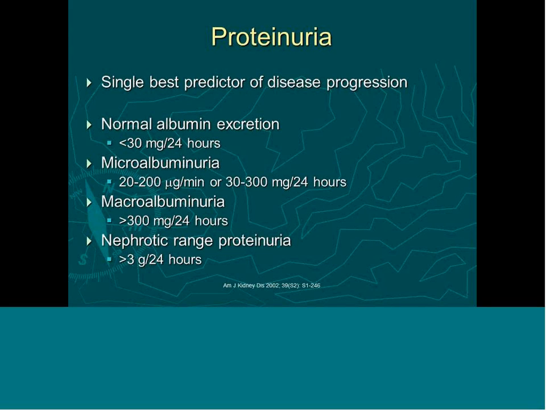Proteinuria, or whatever you want to call it, is the single best predictor of disease progression. Normal is less than 30, microalbuminuria is 30 to 300, macroalbuminuria is more than 300, and nephrotic syndrome is 3 grams in 24 hours of protein excretion.